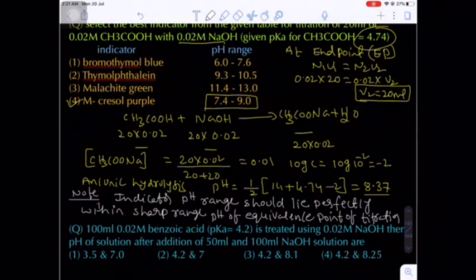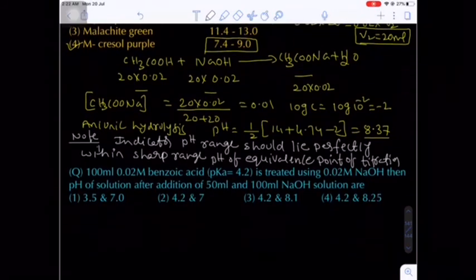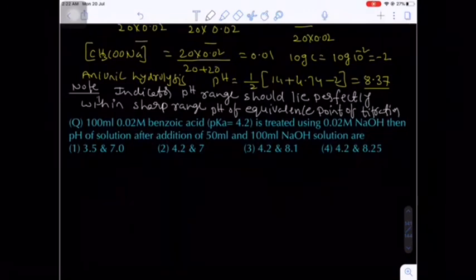If the pH value of the equivalent point of titration lies within the pH range of that indicator, then only that indicator will be the suitable indicator for that particular titration. Are you getting my point?